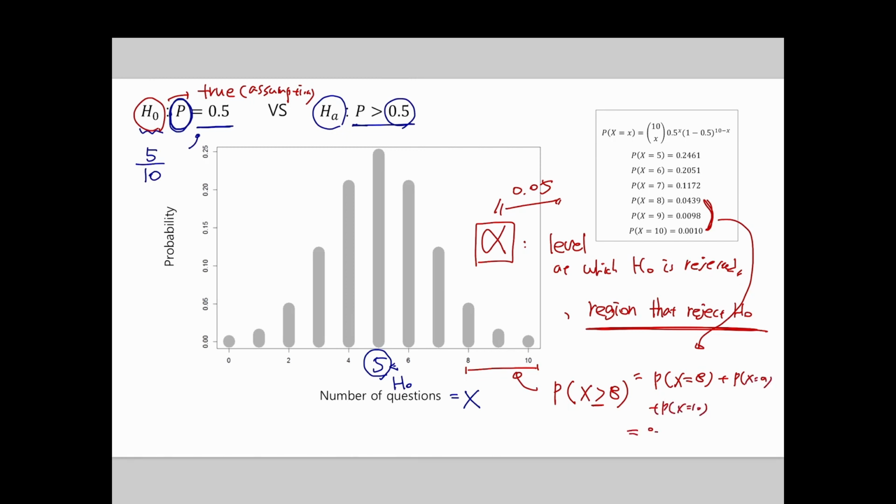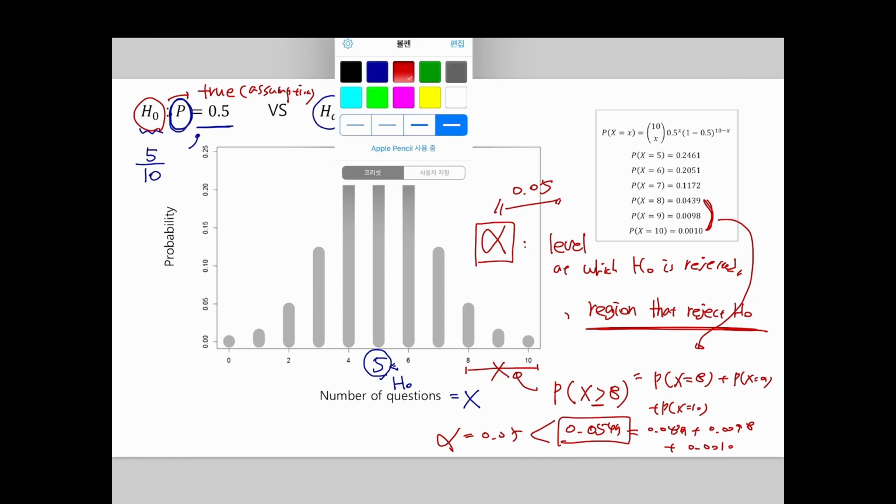So it equals 0.0547. Okay, it exceeds the alpha of 0.05, so it cannot be the reject region.